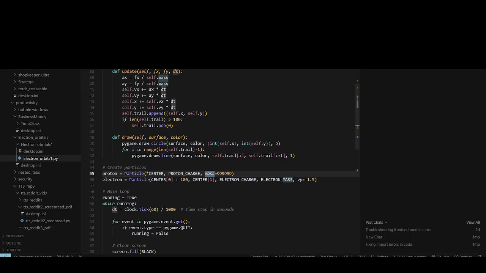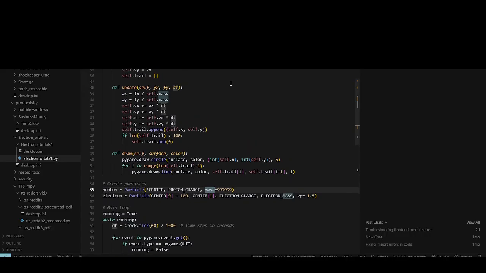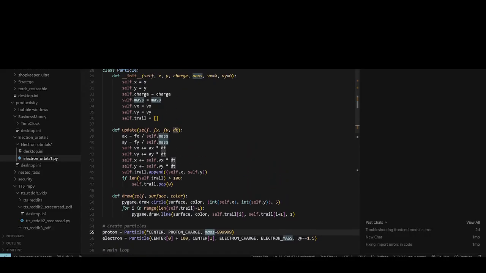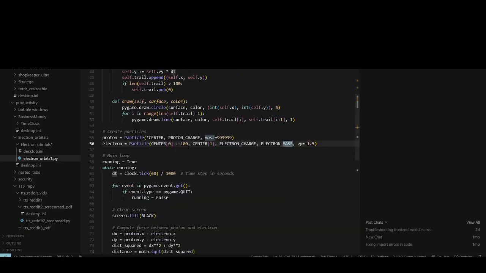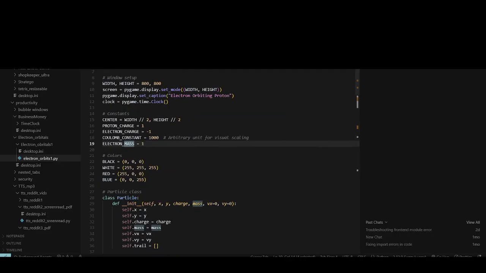Mass. Okay, we got mass. So what's this one? Particle class. Create particles. Constants. Electron mass equals, mass equals 1.